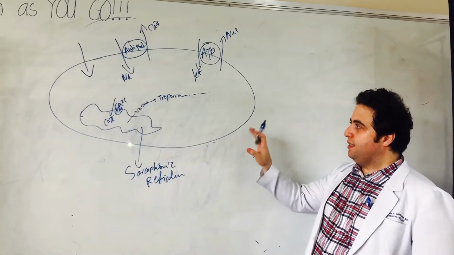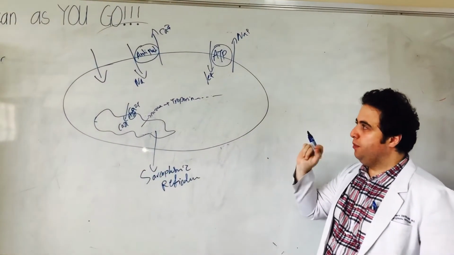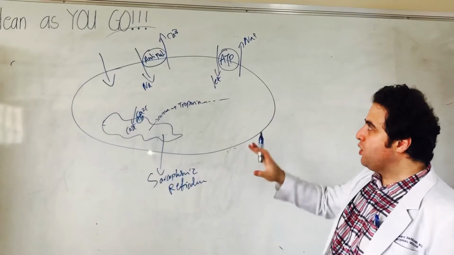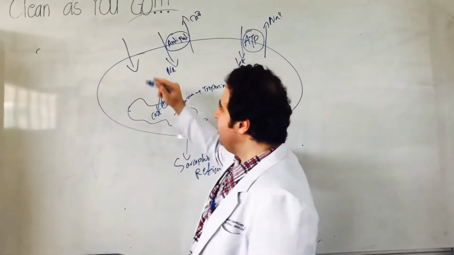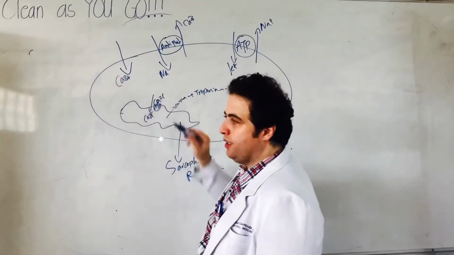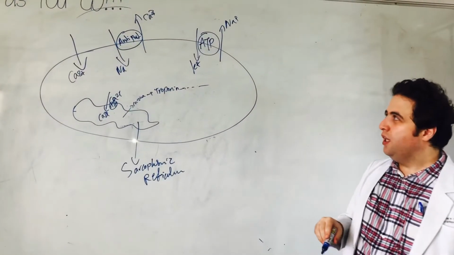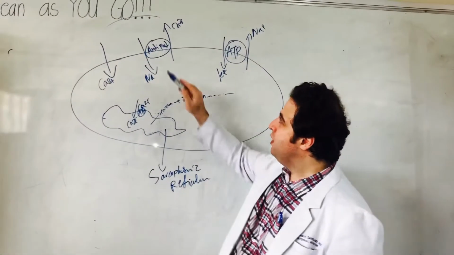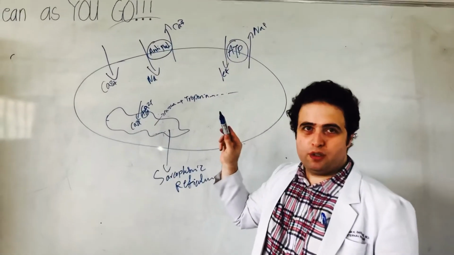Let's say that this is my cardiac myocyte. In my cardiac myocyte, it looks something like this. So what are we seeing? Here is the calcium. It goes into the cardiac myocyte, going down its concentration gradient. I am also seeing something we call an antiport, which is secondary active transport.